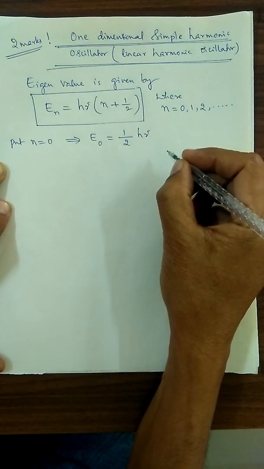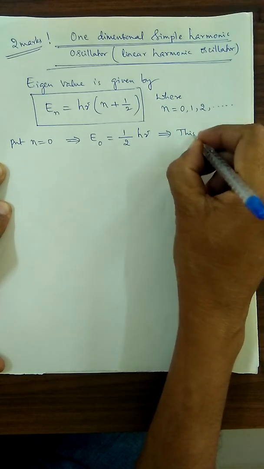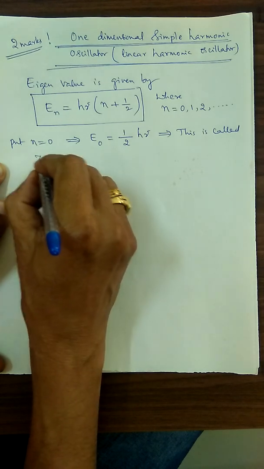Half h nu. This is called zero point energy.